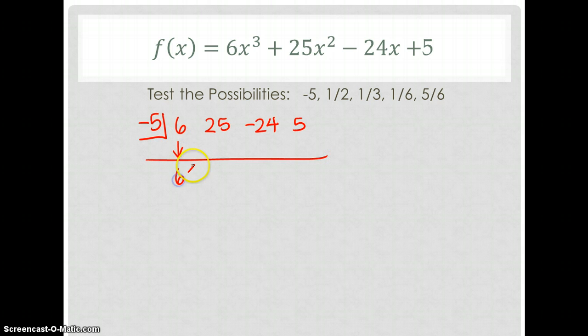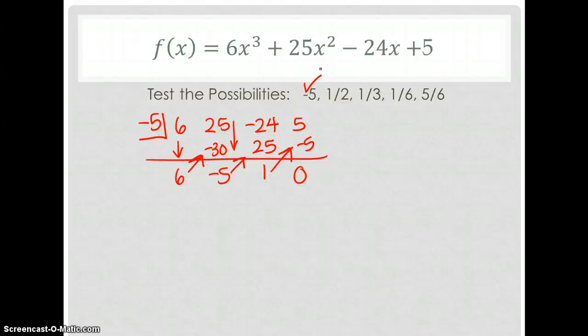So bring down the 6, multiply. That would be -5. That would be +25 when you multiply. And then -5. So our remainder is 0. So -5 works.